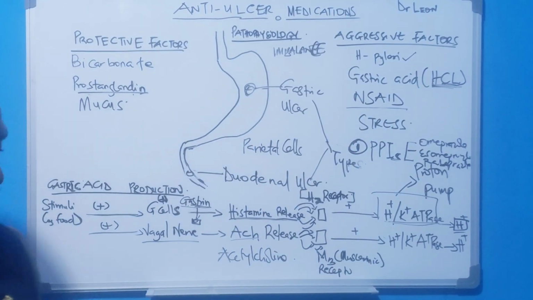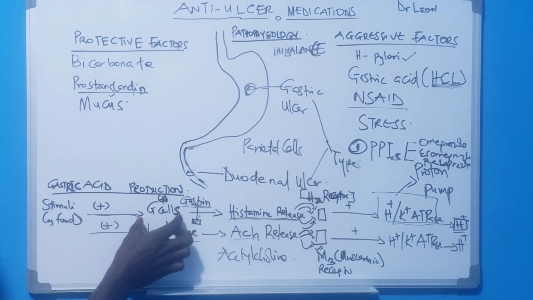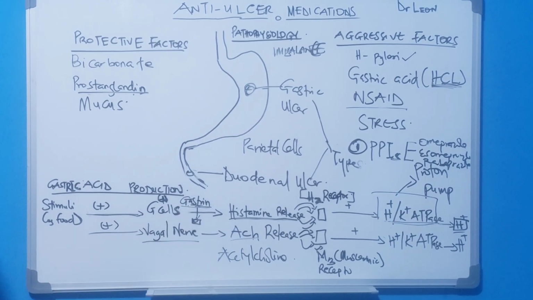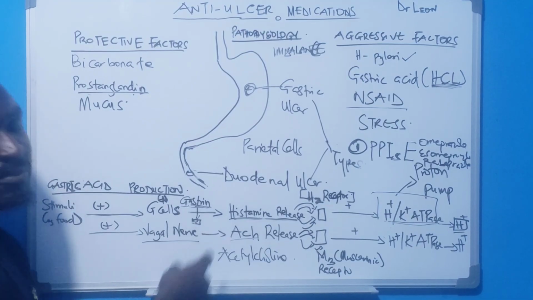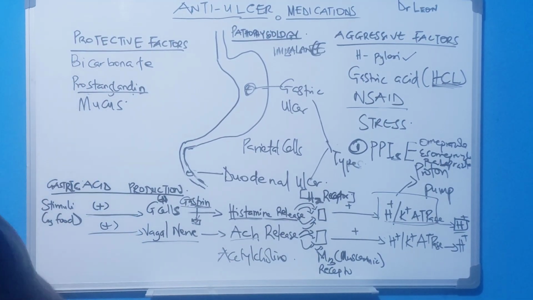Let's come back a bit in the pathway. You see, from the stimulus to the G cells being stimulated to produce gastrin. This gastrin, what does it do? It binds to its receptors and produces what? Histamine. Histamine too binds to its receptor to stimulate the proton pump.